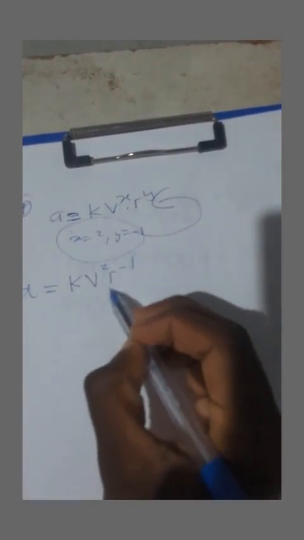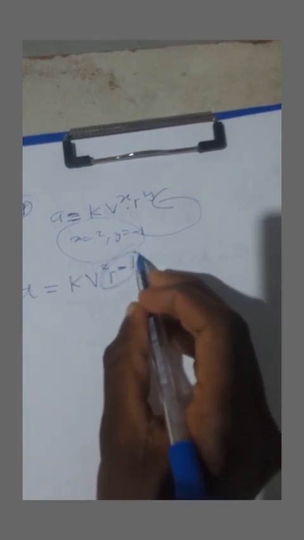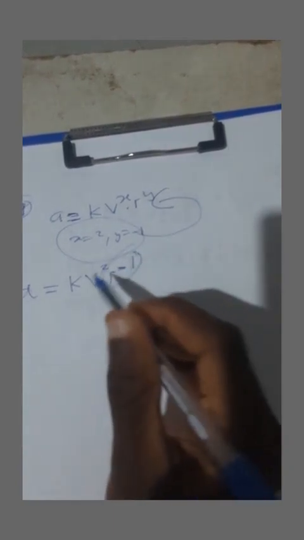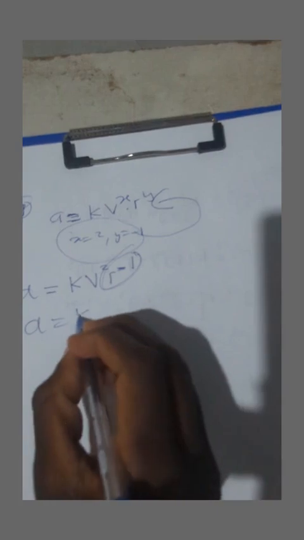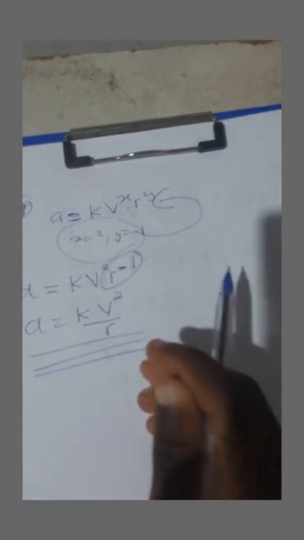Since this r has a negative power, it can be written as a denominator. So we say a is equal to the constant k, then v squared over r. This is our expression. We have derived our expression.